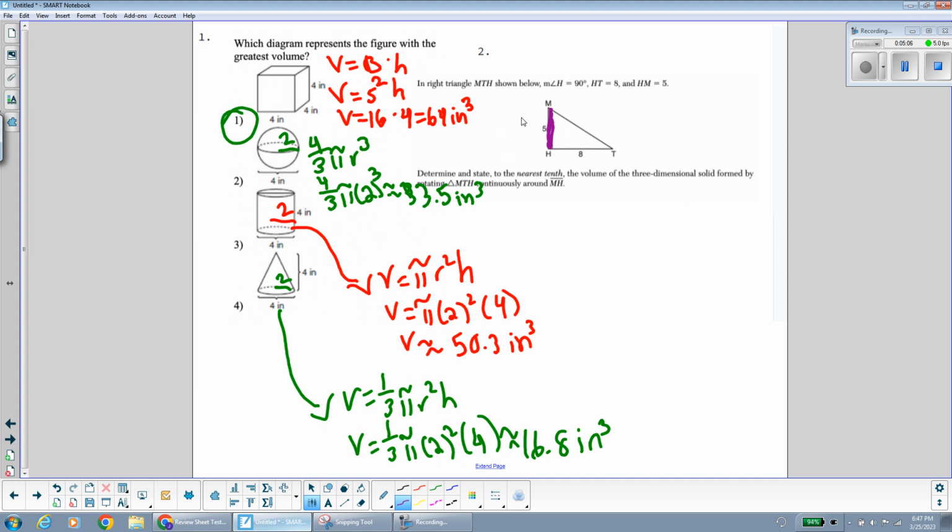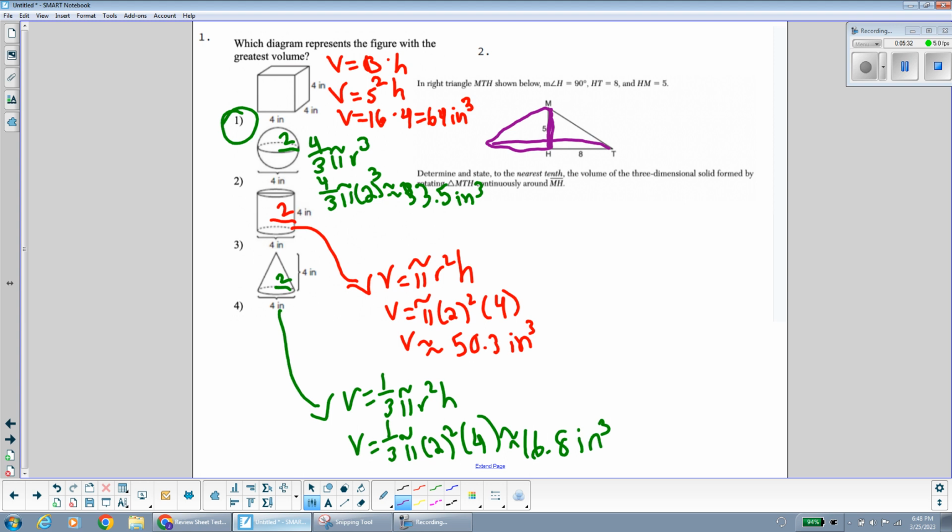What we're doing is taking this triangle and spinning it faster and faster until it becomes a 3D solid around this line. When we spin it around this line, it'll start to look like a cone. Triangles, when you rotate them really fast to make a 3D solid, do become cones.